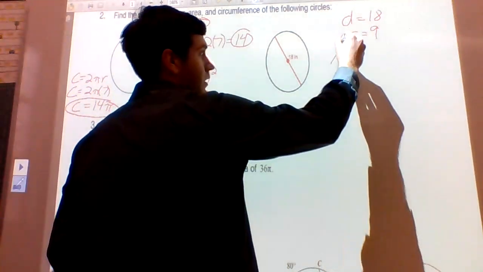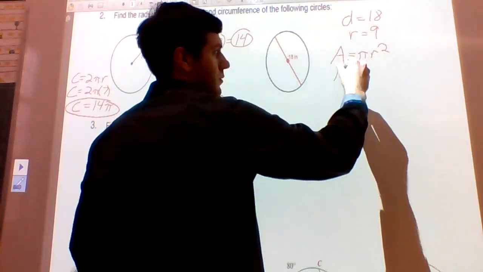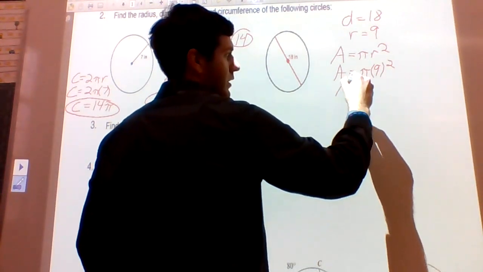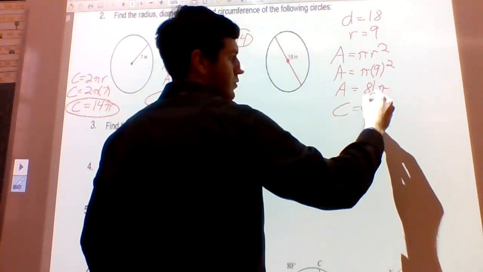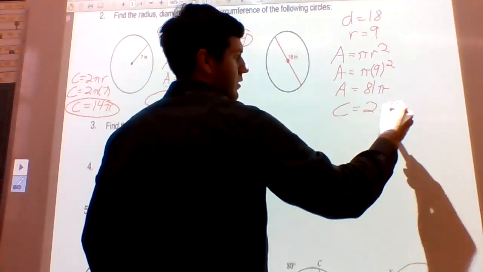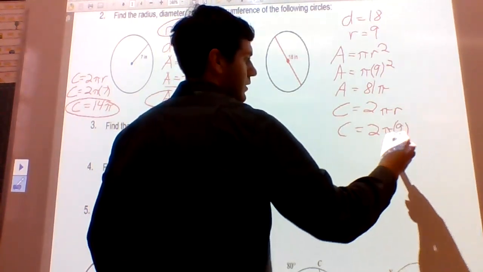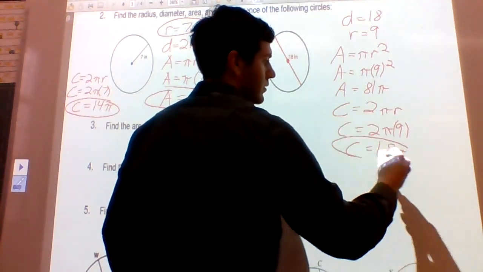Area is pi r squared, which is pi times 9 squared, which is 81 pi. And circumference equals 2 pi r. The radius is 9, so we get circumference equals 18 pi.